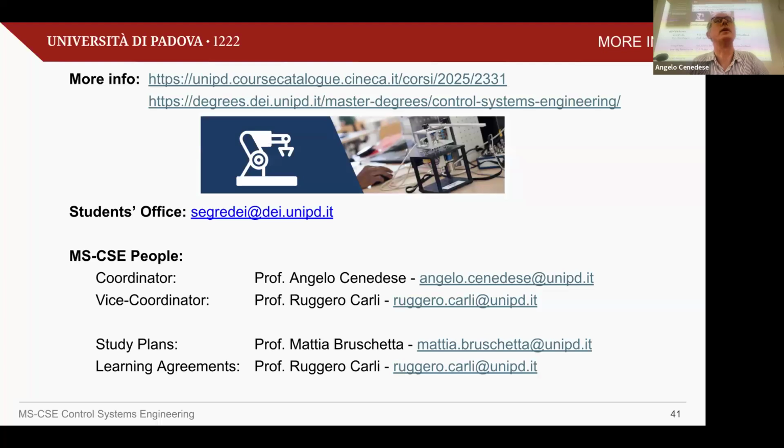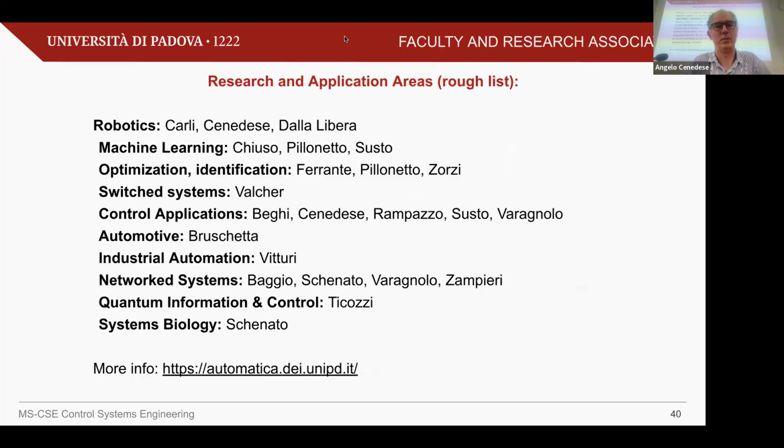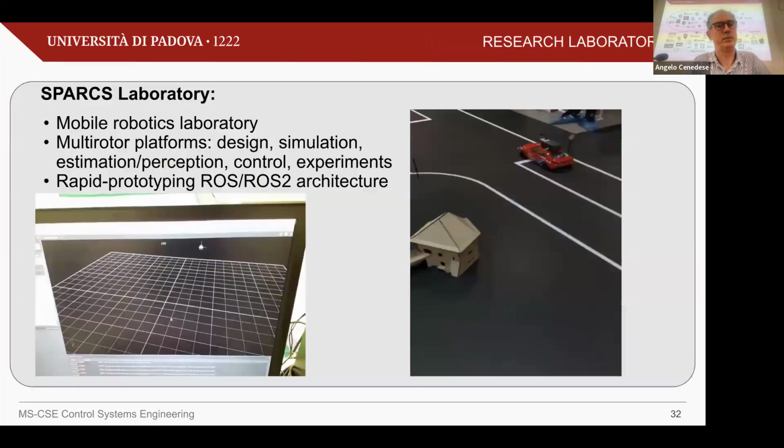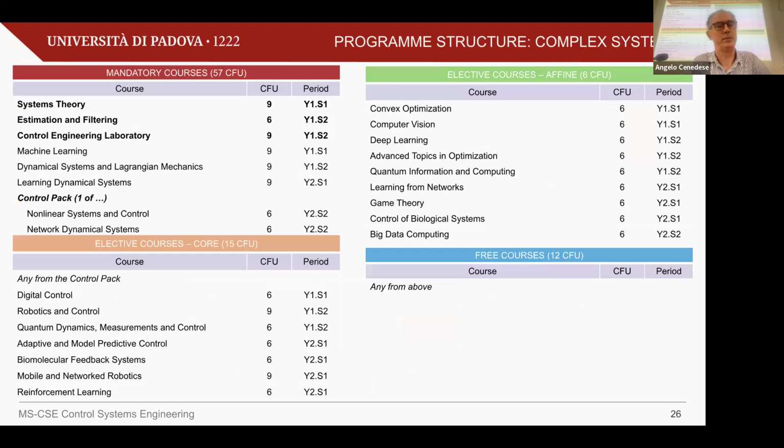Sure. May I ask a question about the courses? Yeah, sure. I was wondering whether the pack of control courses, automation systems, were more or less interchangeable. Maybe I could attend a part of one and a part of another, maybe they could be somehow connected.